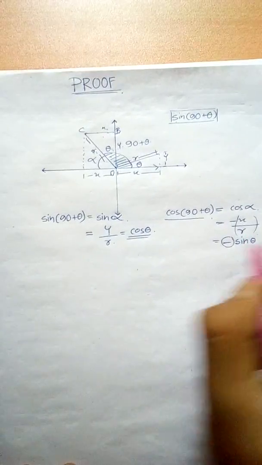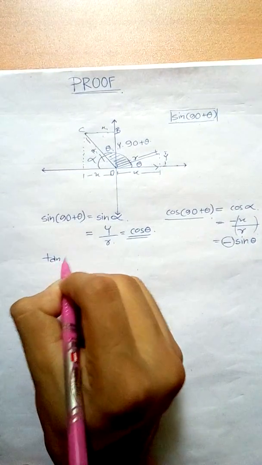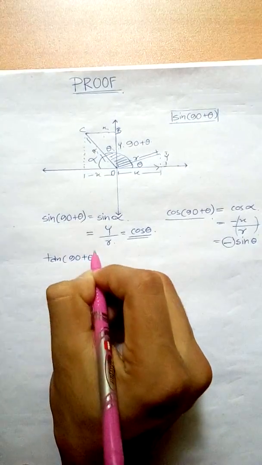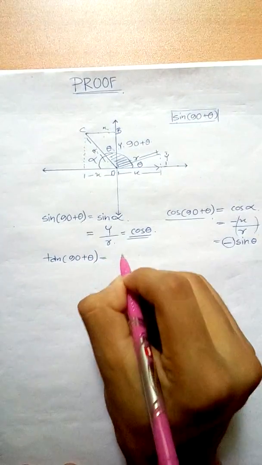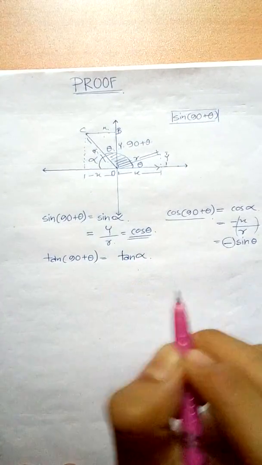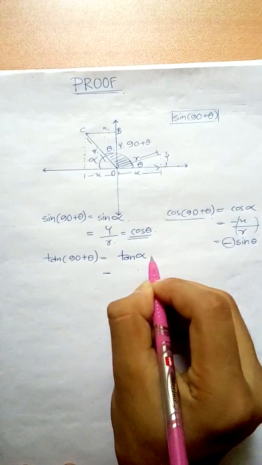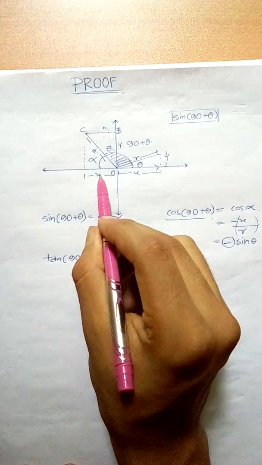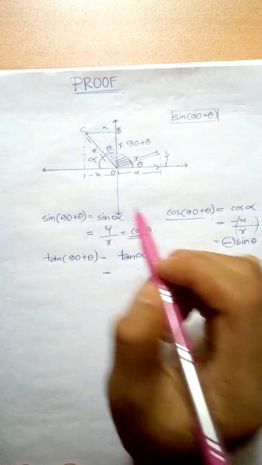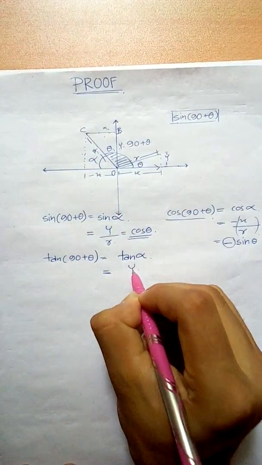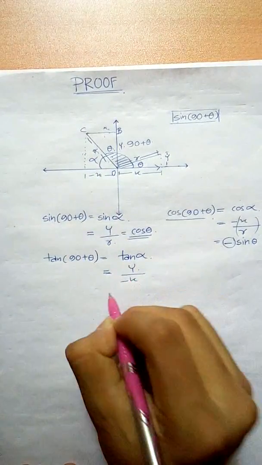Okay, similarly tan 90 plus theta is equal to tan of alpha. Okay, what will be the tan of alpha? Tan of alpha will be y by minus of x.